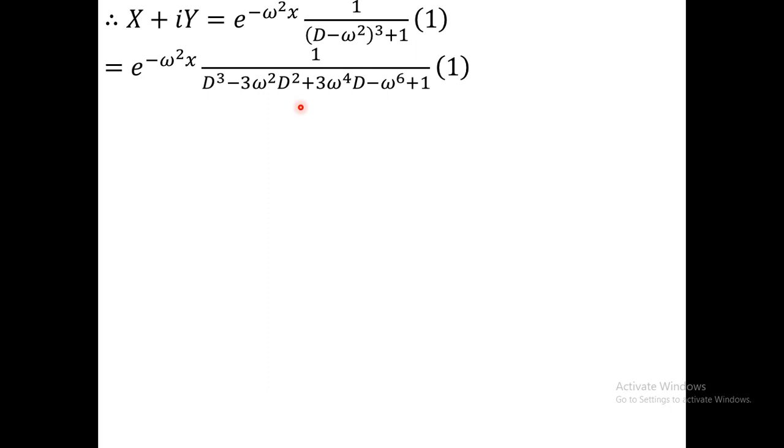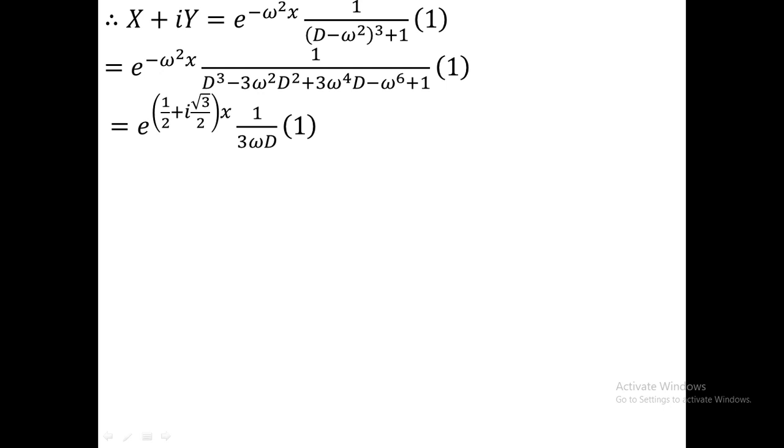Here the lowest degree term is that, because the constant terms are 1 and minus 1, therefore they cancel. Okay, this is the lowest degree term, 3 omega to the power 4 d. Again omega to the power 4 means omega, therefore this will be 1 by 3 omega d of 1.